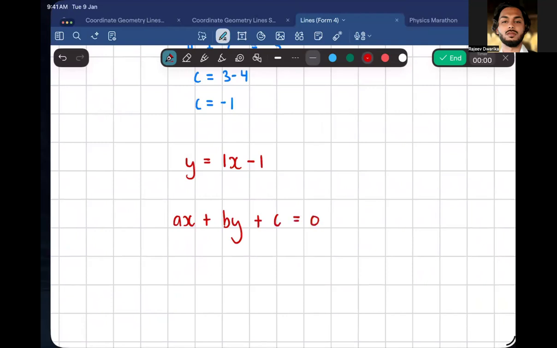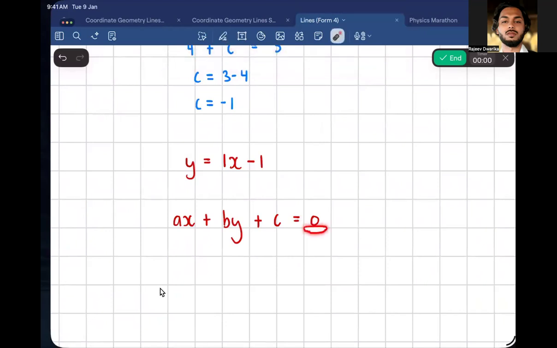That's how they want it, right? Sienna, if this is the case, do you notice anything on the right-hand side here, in the form that they want it in? 0. You see 0, right?